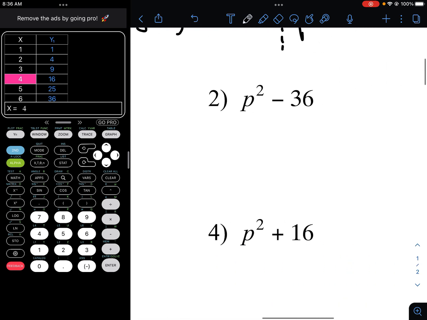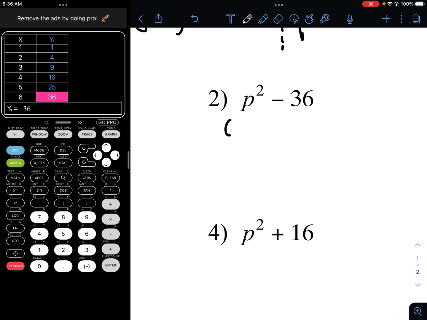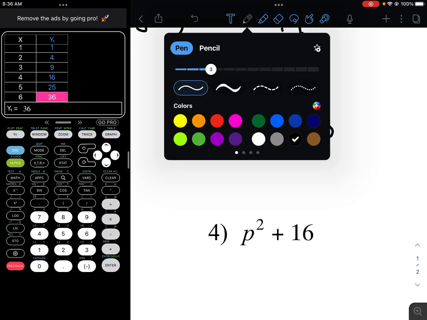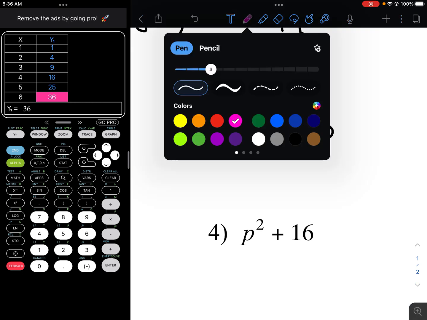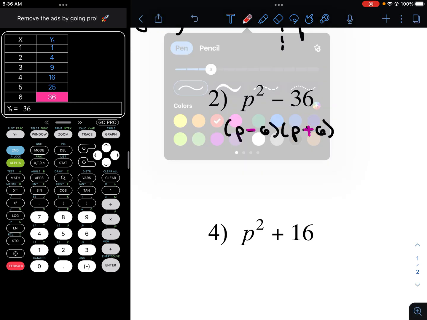Another example here, so 36. I look at 36 in my calculator, and I see its square root is 6. So you could have p minus 6 and p plus 6. Remember, it does not matter which side the minus and plus is in for these ones, since they're the same numbers. And there you have it. That's the answer.